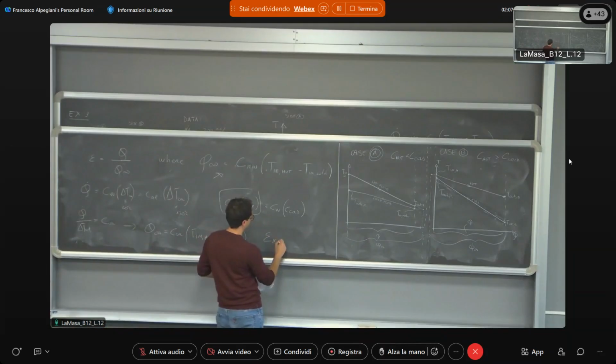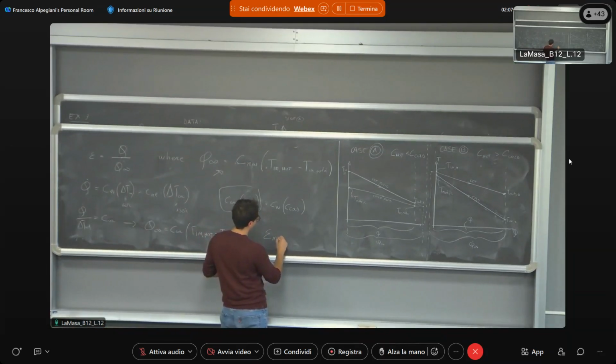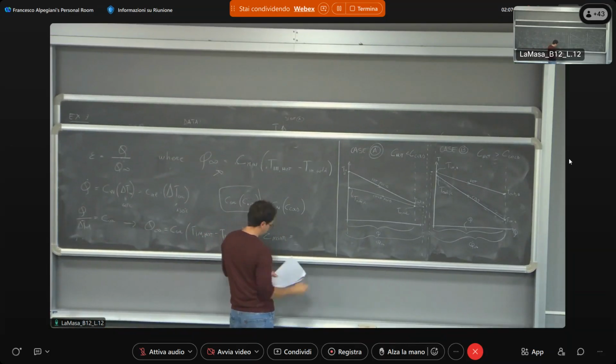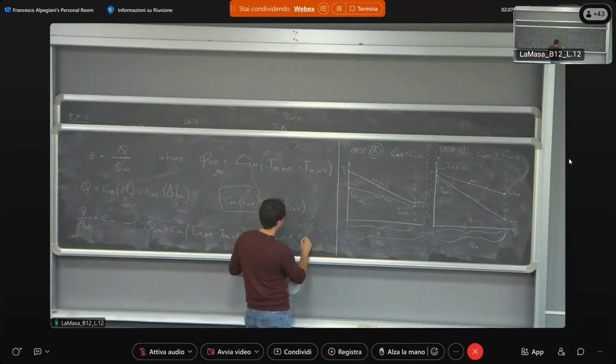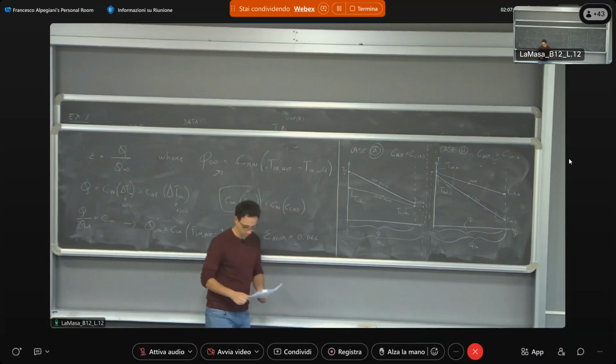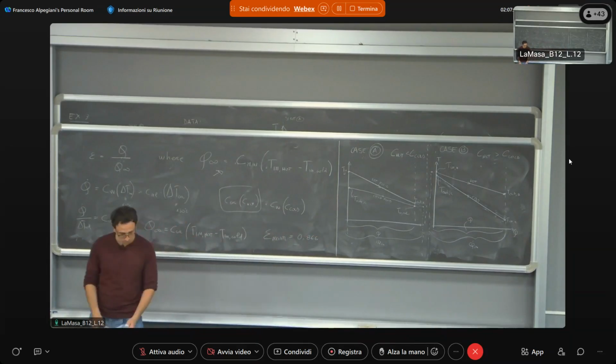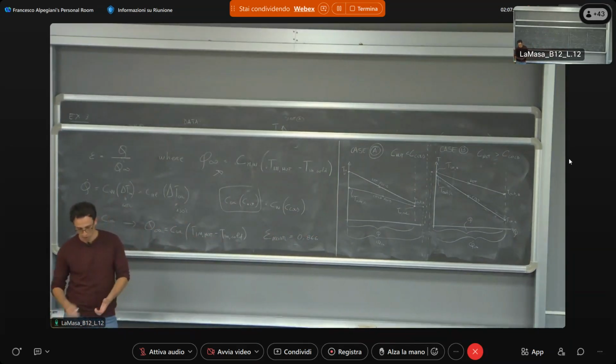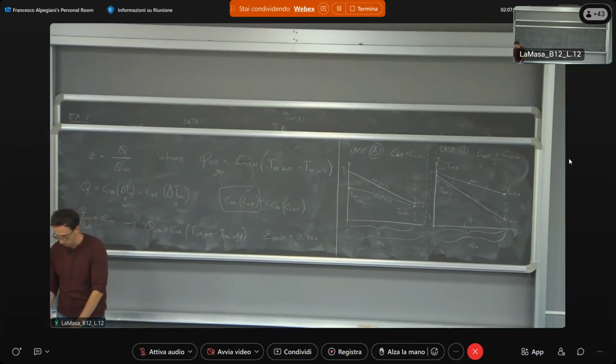Let's call it epsilon nom, which comes equal to 0.866 and so on. Okay, so this was the first part of the third exercise, and now we can have a break of about 15 minutes up to 16, okay?